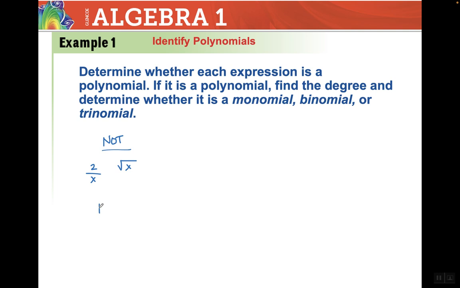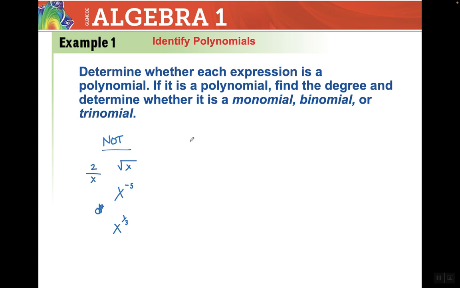So an x to the negative 5, or x to the 1/3. These are all not polynomials. If I think of others, I'll add to them.